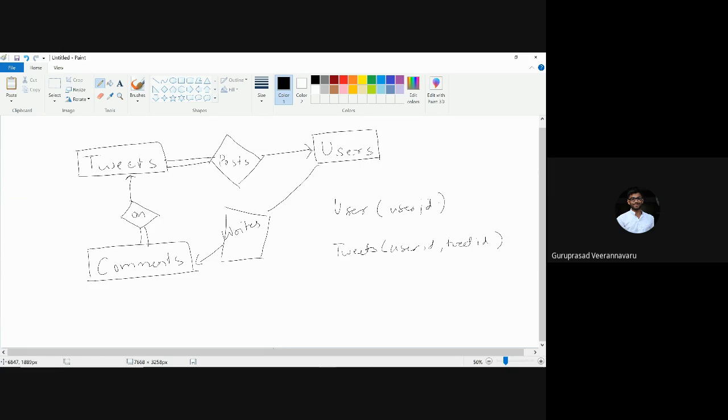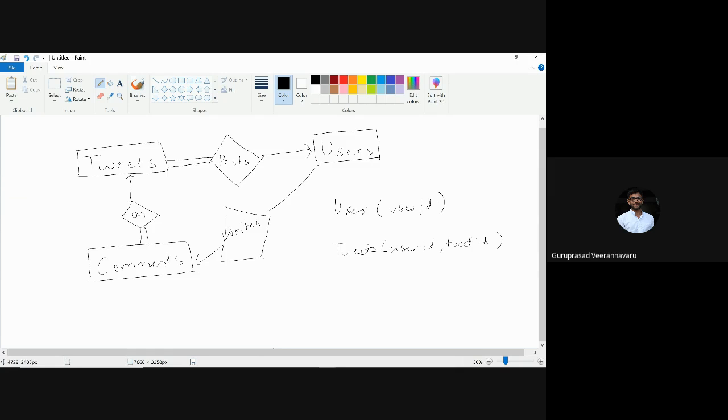And comment is also an entity, but a comment always needs a user and a tweet to be there, so it is done by a user and it is done on a tweet.